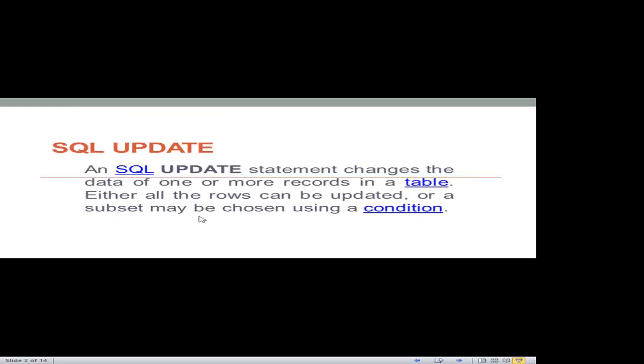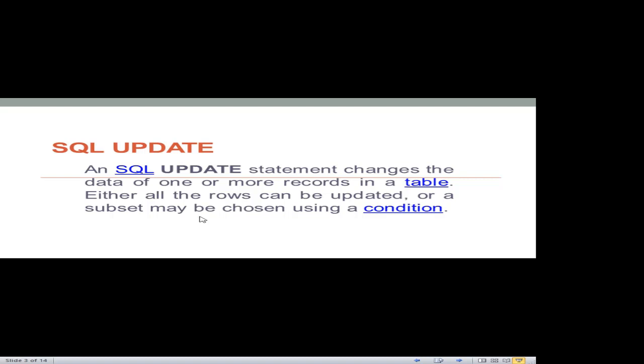So SQL update. What is an SQL update? It is a statement that changes the data of one or more records in the table. As we all know, talking about database, that involves a table.